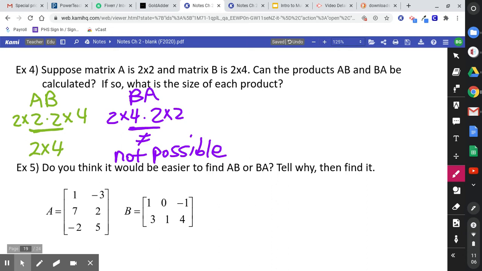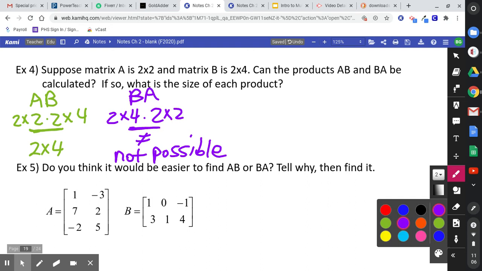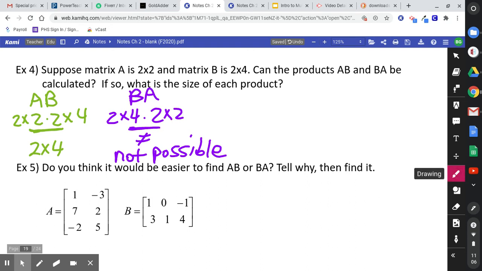So what this example is supposed to show you is something really important about math. Think back to algebra class, when you had a property that says 3 times 4 is the same thing as 4 times 3, right? That property has always held true.